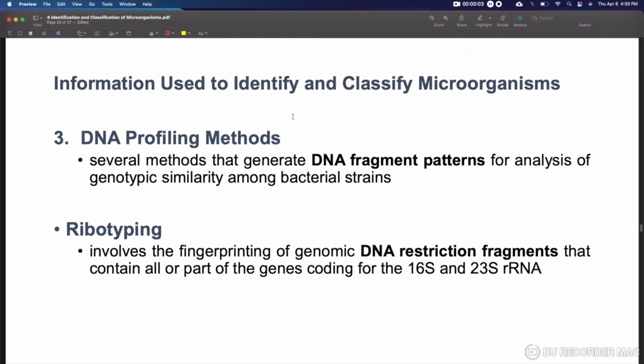The last one for genomic analysis is what we call the use of DNA profiling methods. In DNA profiling methods, we generate what we call DNA fragment patterns that we can use for genotypic analysis and comparing similarity among different species. One example of a DNA profiling method is ribotyping, wherein we create what we call the ribotype.